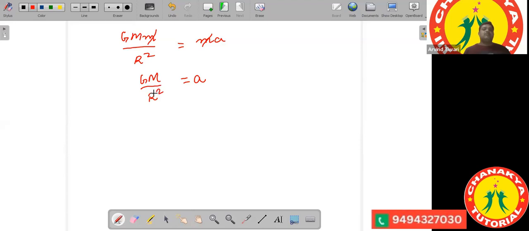So hence, there are two points to be noted. First of all, this acceleration that is being brought about is independent of mass. There is no role of the mass.